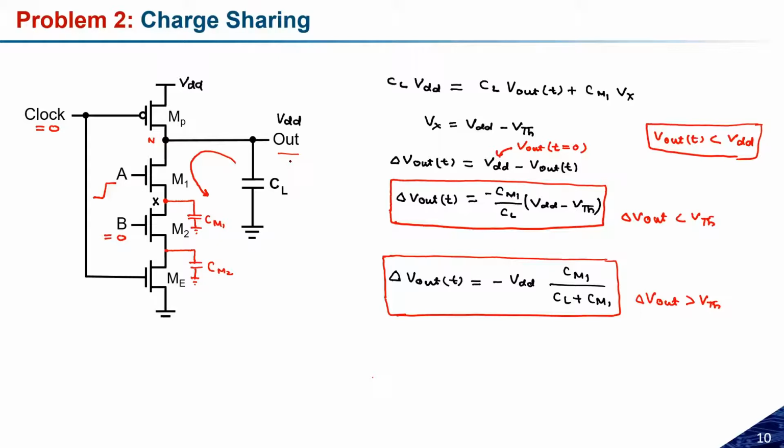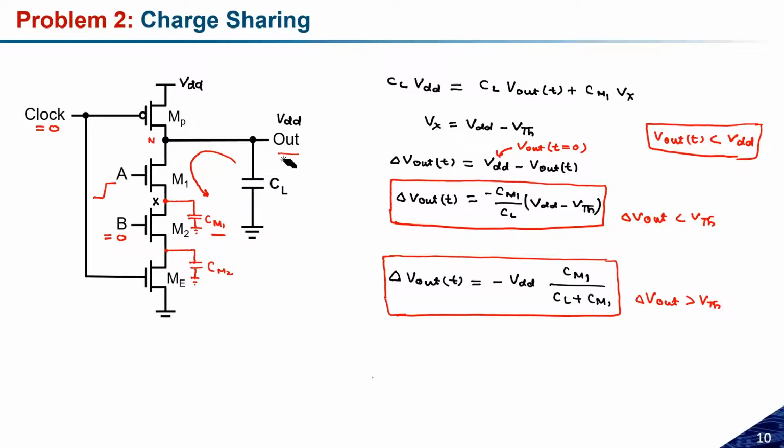Sir, how did we get the second equation? The second equation is simply because, see here, if the change in output voltage is strong enough, greater than the threshold voltage of the transistor, it will act simply as a divider: the capacitance will be divided between CL and CM1.